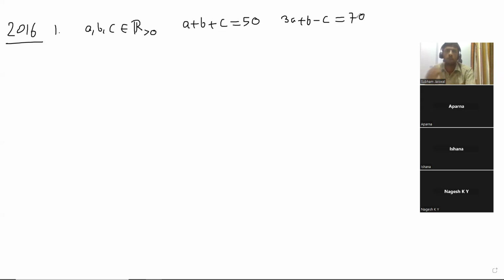If X is equal to 5A plus 4B plus 2C, find the range of the values of X.